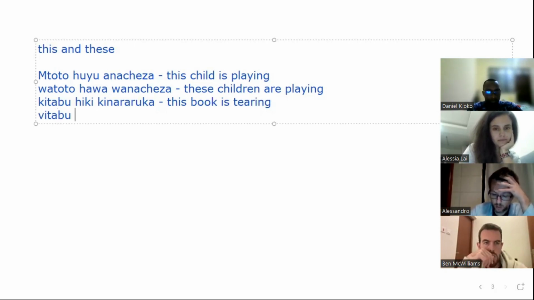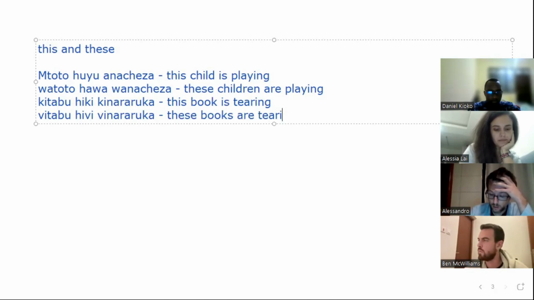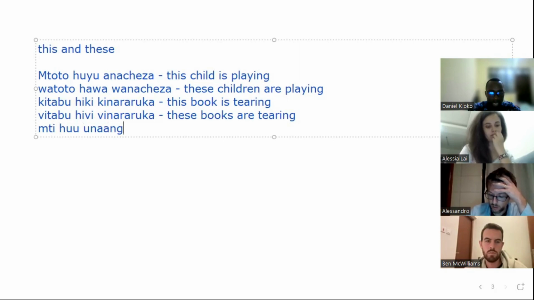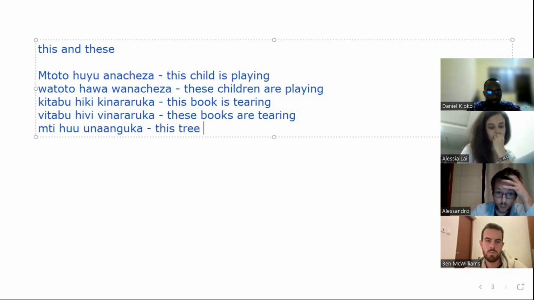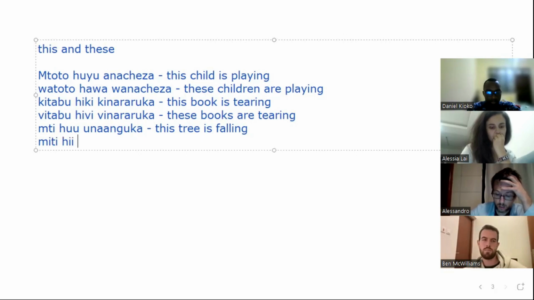Vitabu hivi vinararuka. Mti huu unaanguka, to fall. This tree is falling. Miti hii inaanguka.